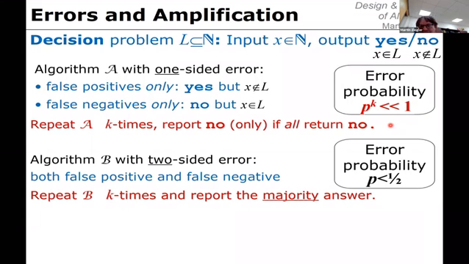The reason is, if we allow error probability equal to 1/2, 50%, then an algorithm can easily achieve that by simply flipping a coin without even looking at the input, right? When flipping a coin to determine the answer, yes or no, this answer will be correct with probability 50-50, without even looking at the input data.